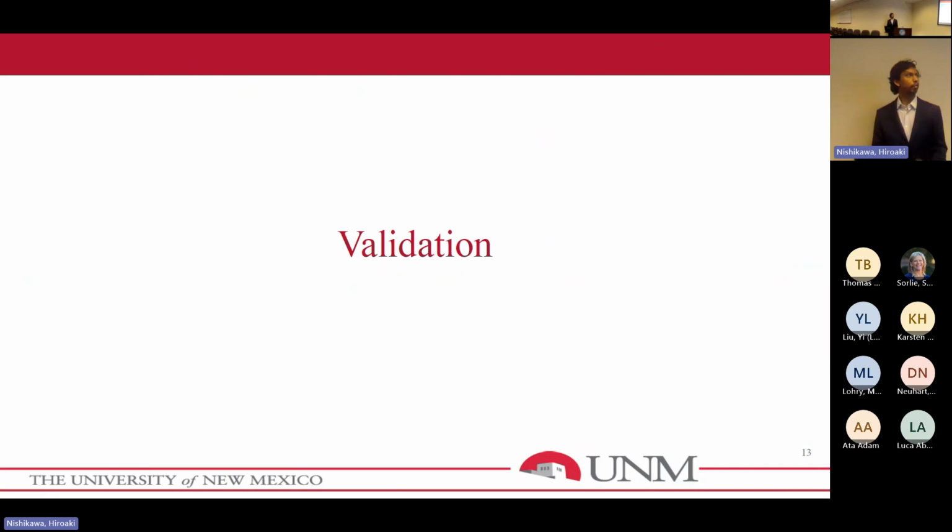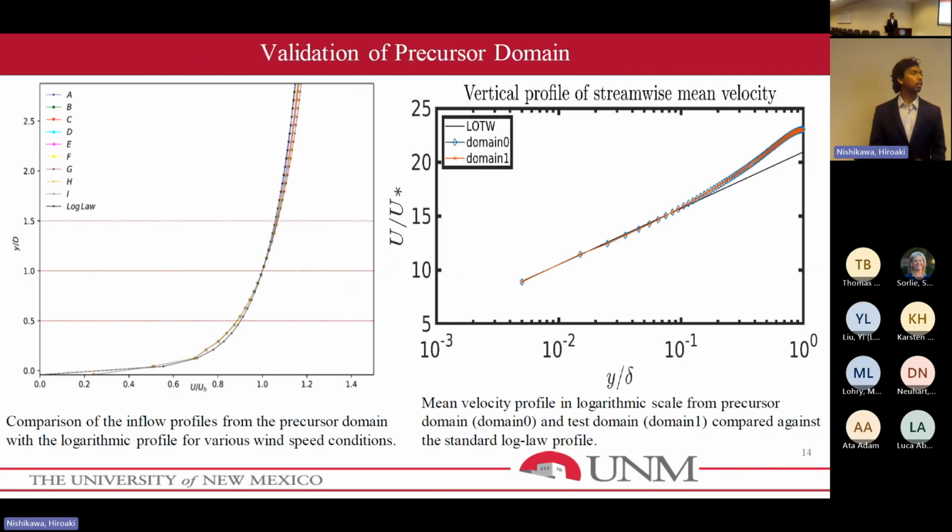So now I'm going to talk about the validations. On the left-hand side, you can see the input profiles from the precursor simulations. You can see that for different velocities, it matches the theoretical profile of the log law, and especially it matches quite well in the region of interest where the turbines are placed.